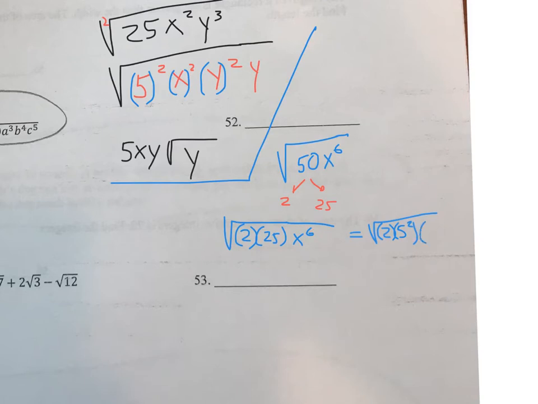So in other words, that could be rewritten as x to the 3rd with an exponent of 2 on the outside. Now remember, a power raised to another power, you keep the base, multiply the exponents. So x to the 3rd raised to the 2nd power is x to the 6th power, right?